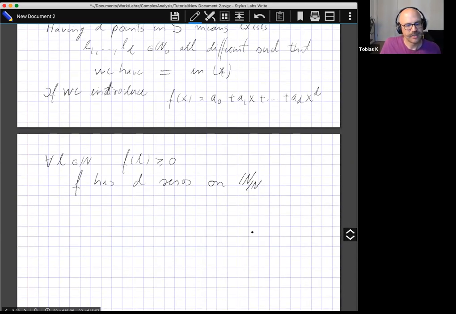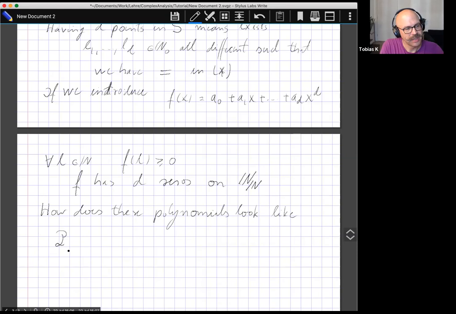Okay, and so we see that we have to classify these polynomials. What do these polynomials look like? We have a first family, which I call PDN.